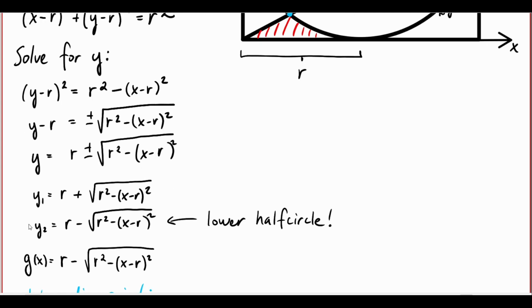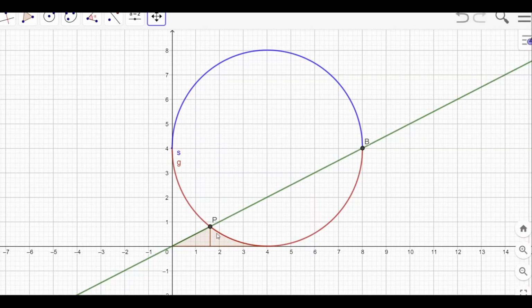It's actually this solution which is interesting. So this one is the one we are looking for, because this is the lower half part of the circle. So if we look at GeoGebra, we can see that this one is actually the negative root of the solution.